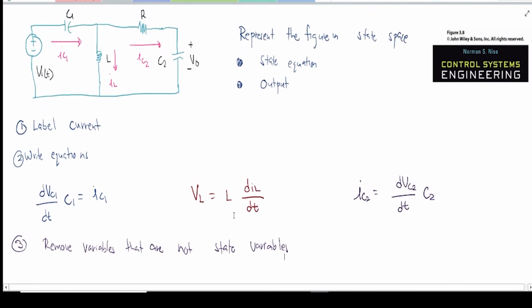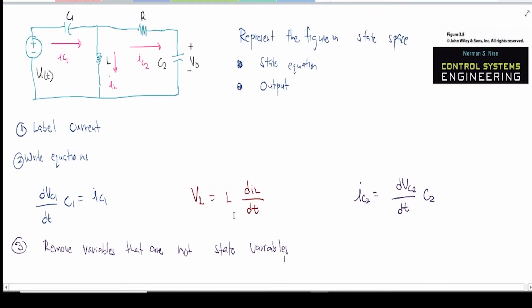Okay, so in this problem, we're going to remove the variables that are not state variables. An example would be this one, and then this one.